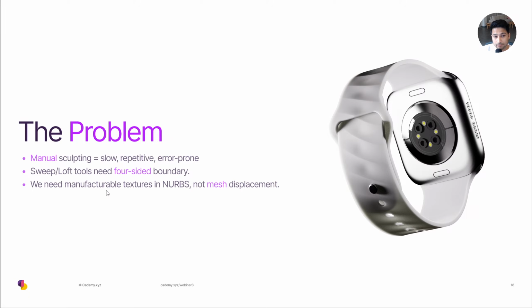Apart from that, we need manufacturable textures in NURBS and not mesh displacement. So if you have used other rendering software like KeyShot, you can apply a UV texture and then just use a bump map or displacement map. But in case of manufacturing, you do need the NURBS data so that you can export the step files.